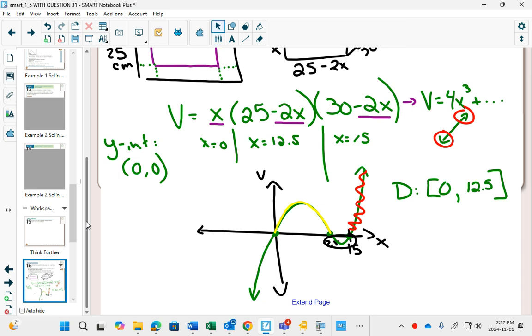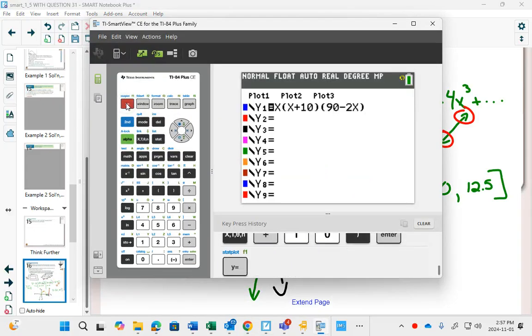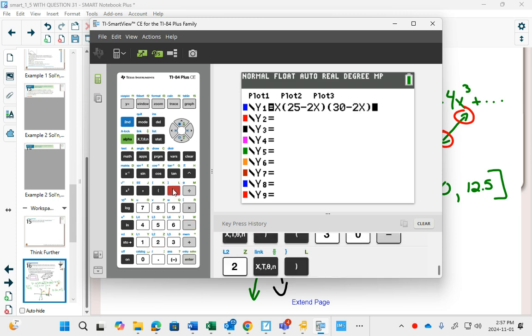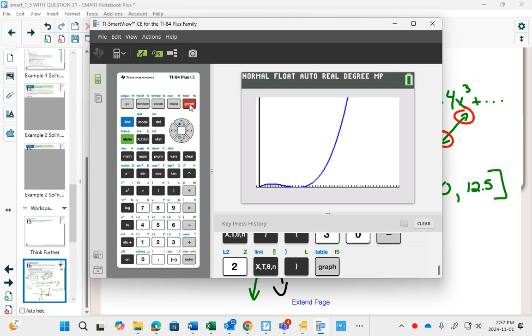And we want to find this max. So again, we're going to type this into our calculator. x, and then we had 25 minus 2x and 30 minus 2x. And if I hit graph from my old window, it's not the greatest graph, but it would be enough.